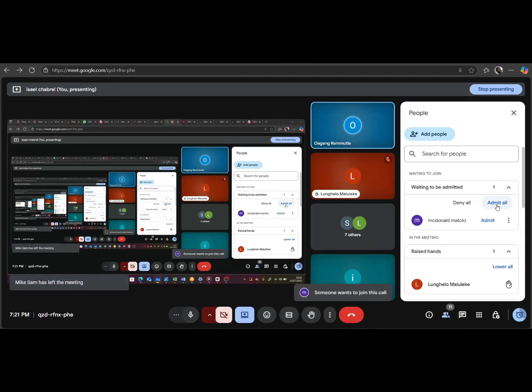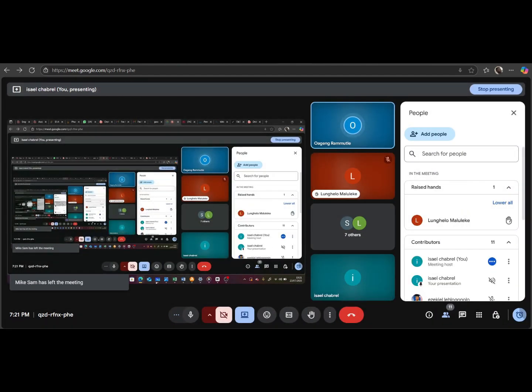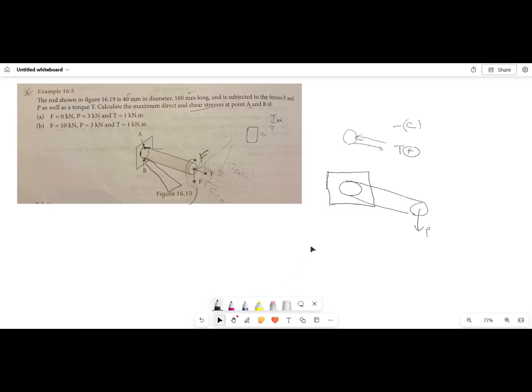So we can say it's a direct stress because it's also acting on the object. I said we get direct stress when we move towards the object. I can add another force acting like this, but I'm talking in a way where this is the object. Let's say this is 2D.